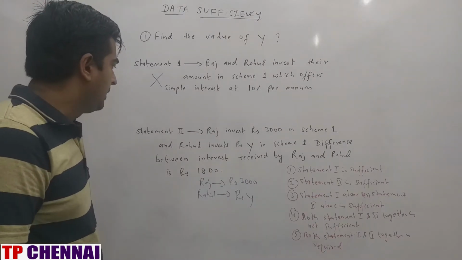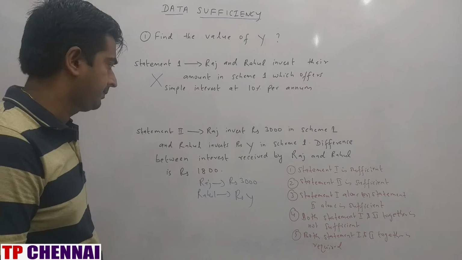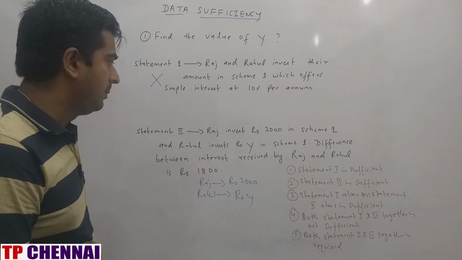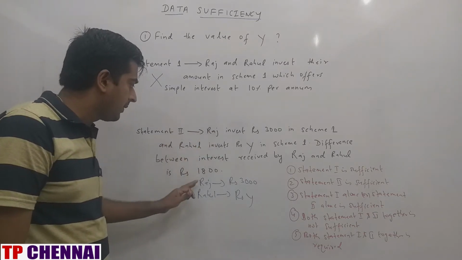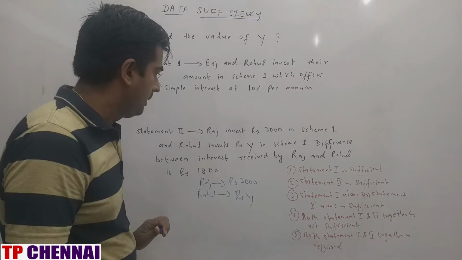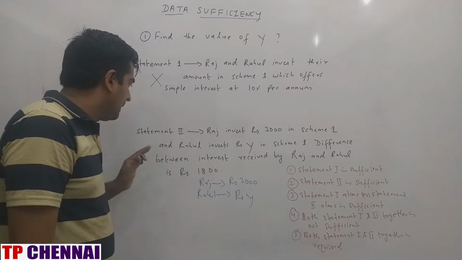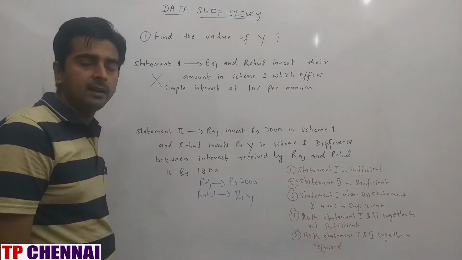The difference between interest received by Raj and Rahul is rupees 800. Don't make an unnecessary mistake here. In the second statement they have mentioned the investment of Raj and the investment of Rahul. Then they are saying the difference between interest received by Raj and Rahul is rupees 800.